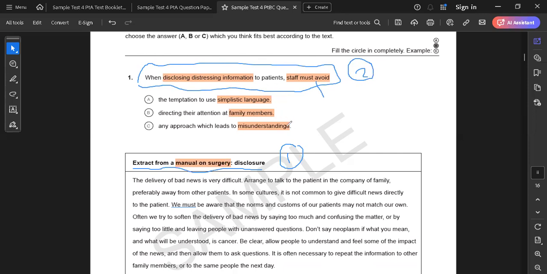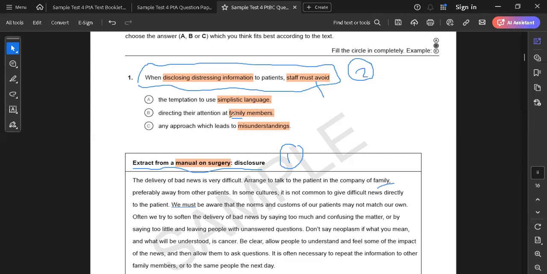Now see what the differences between options are. Sometimes I don't read the options first because sometimes there are traps, there are distractors where you see a word matching. For example, you have also selected B because you have seen the word family here and you have seen the word family here and you matched it.